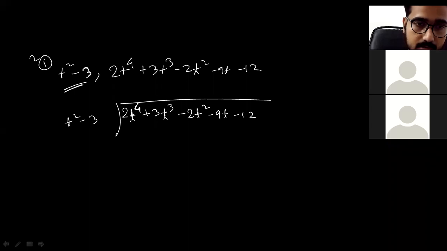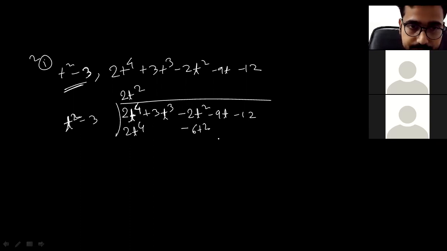So how many times will it be? Here, see the first term, t square; here 2t to the power 4. So it will be 2t square. So 2t to the power 4, then minus 3 into 2, so it will be minus 6t square. This and this will get cancelled.